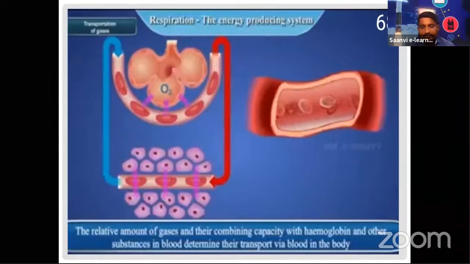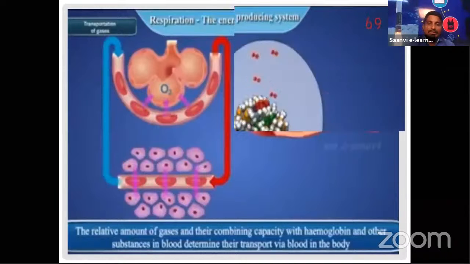See here, look at the screen. The relative amount of gases and their combining capacity with hemoglobin and other substances in blood determine their transport via blood in the body.